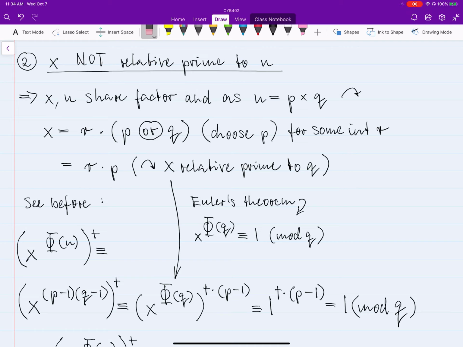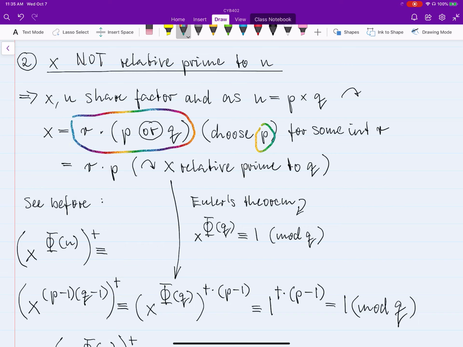So if x is not relative prime to n, what that means is that x and n share a factor. And because n is comprised of the product of two prime factors, x needs to be a multiple of either of the two. It cannot be both because x is smaller than n, as we have shown before. So in other words, x is just some factor of p or q. That's what you see here.